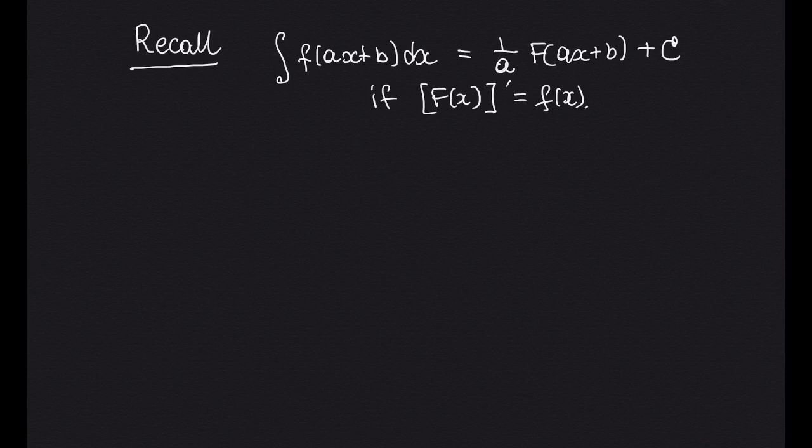So just to give you an example, if you want to compute the integral of cosine of 2x minus 3 dx, well, the antiderivative of cosine x is sine x. So I'm going to have sine, but instead of x, I have 2x minus 3.